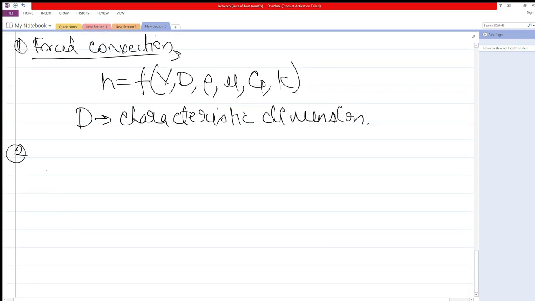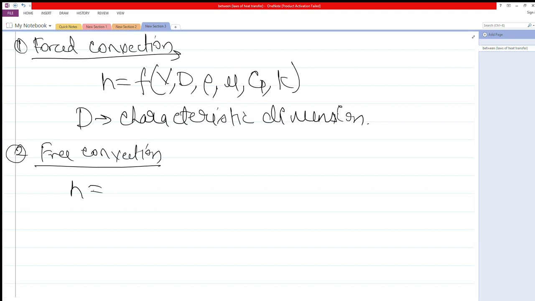Second one is free convection. In free convection, the convective heat transfer coefficient depends upon a large number of parameters, out of which four are thermophysical properties.